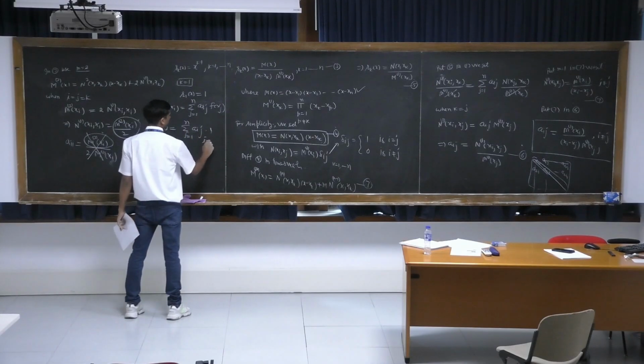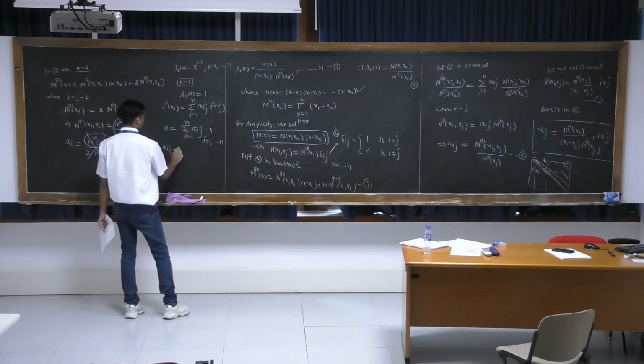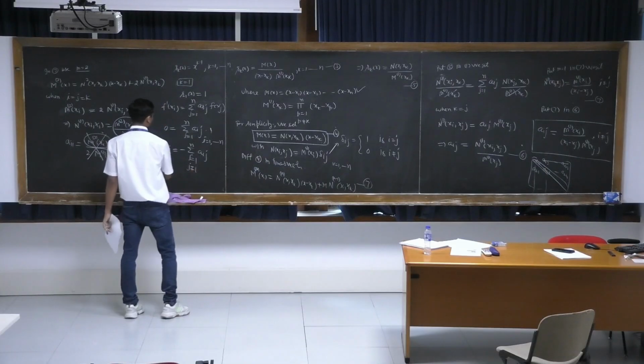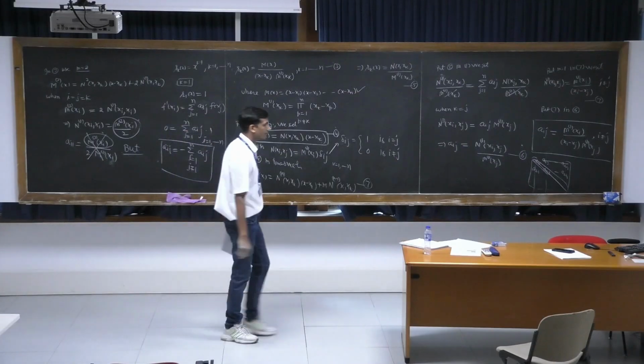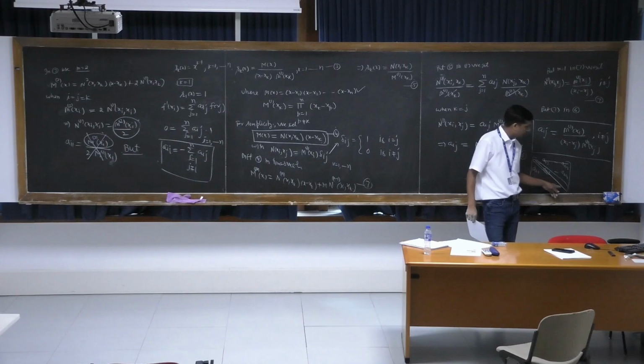So i is also running from 1 to n. From here he computed aii as minus the summation j equal to 1 to n of aij, with j not equal to i. So these are the weights, which are very easy to compute, because you can see that the diagonal element can be computed with the help of this.